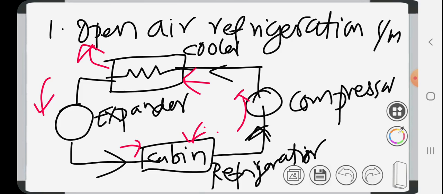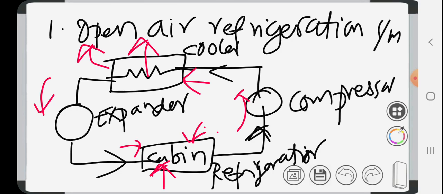So that is the cycle. That's the cycle that air undergoes, so that continuously heat can be extracted from the cabin and continuously it can be rejected to the ambient temperature.